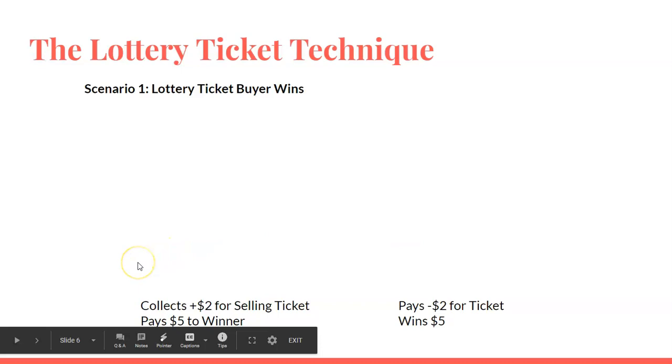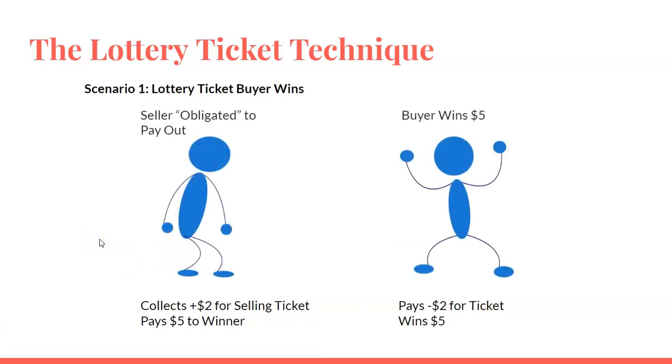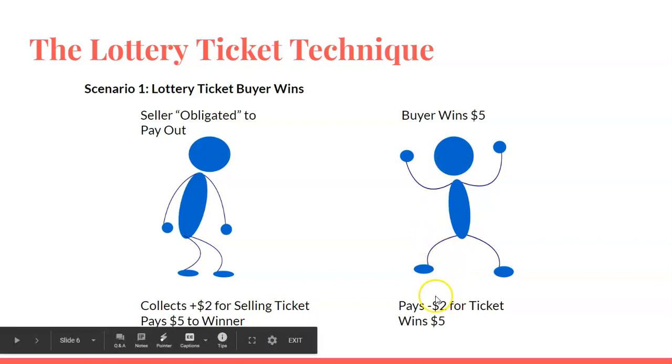Now what we see is that the lottery ticket player has just won the jackpot, and let's say this jackpot happens to be $5. The $5 that they won is going to be offset slightly by the $2 that they paid for the ticket, and the $5 that they win is going to have to be paid out by the seller of the lottery ticket.